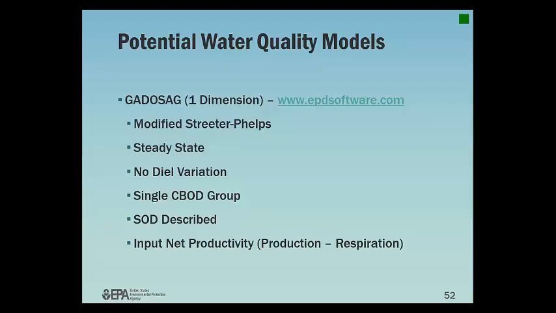SOD can be inputted as a descriptive SOD rate. It is not simulated. You can input a net productivity, which is basically production minus respiration, to account for biotic production of dissolved oxygen. This is a very good tool because it is relatively easy to set up. It has a nice interface, good documentation, and has been well thought out.